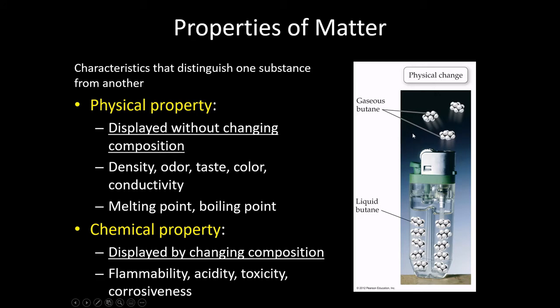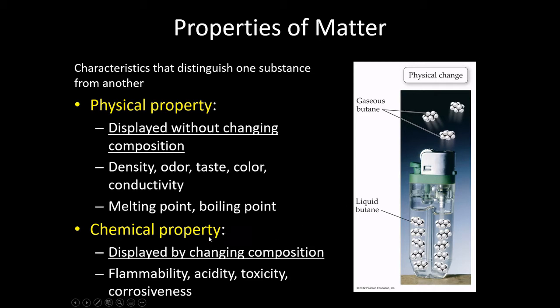It's a change that is due to a physical property that's being displayed, because it's still butane. It was butane here in the lighter, and it's butane when it's outside the lighter. It's just in a different phase.